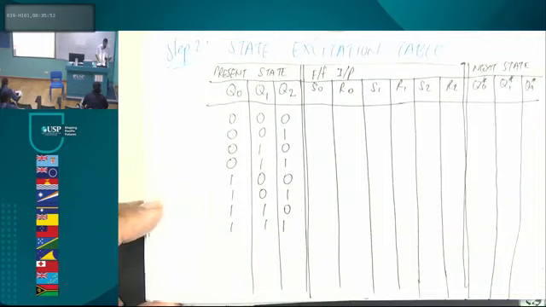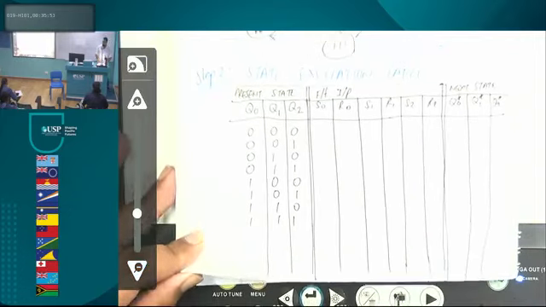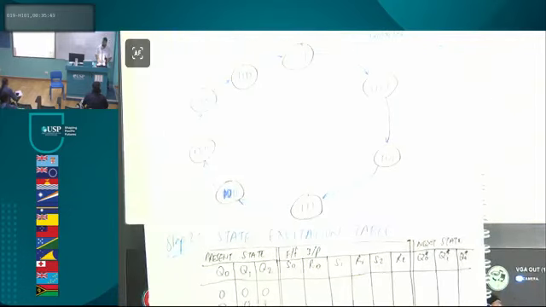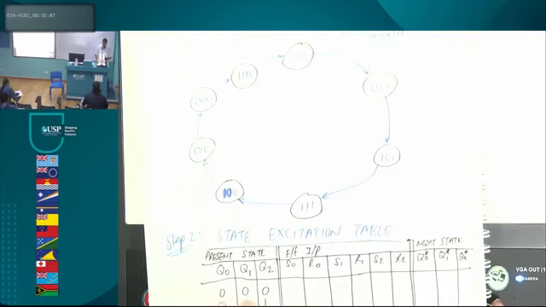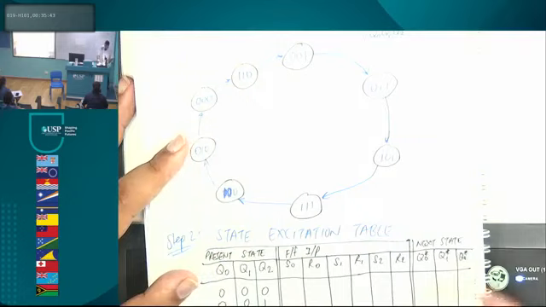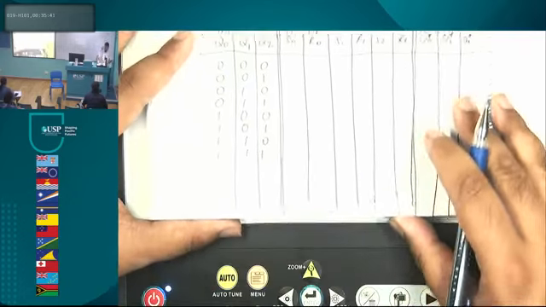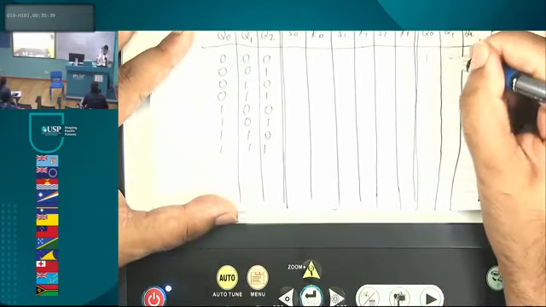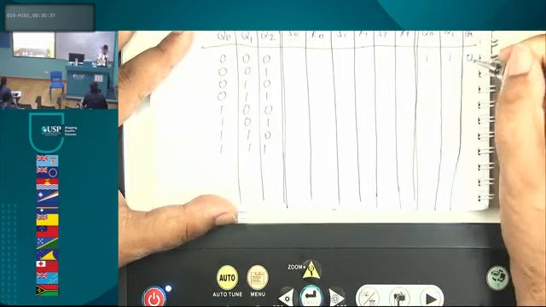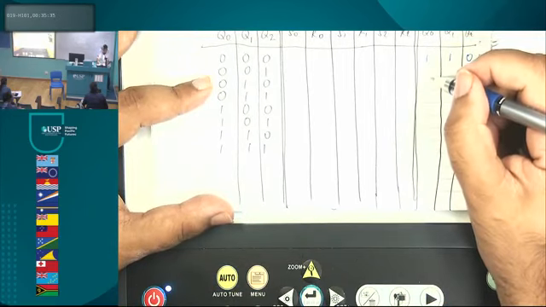Let me zoom out. I hope you have it all on the same page. You call it out so that I can write it down. 0, 0, 0 becomes 1, 1, 0. Next, 0, 0, 1. Look for it.